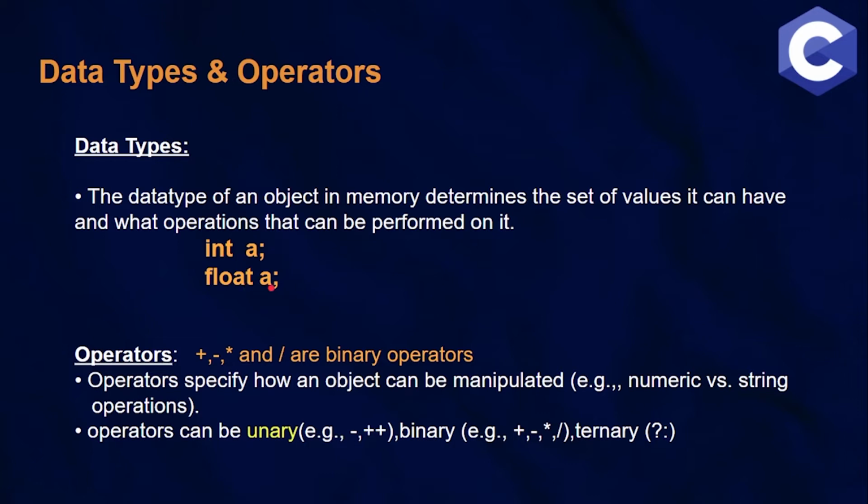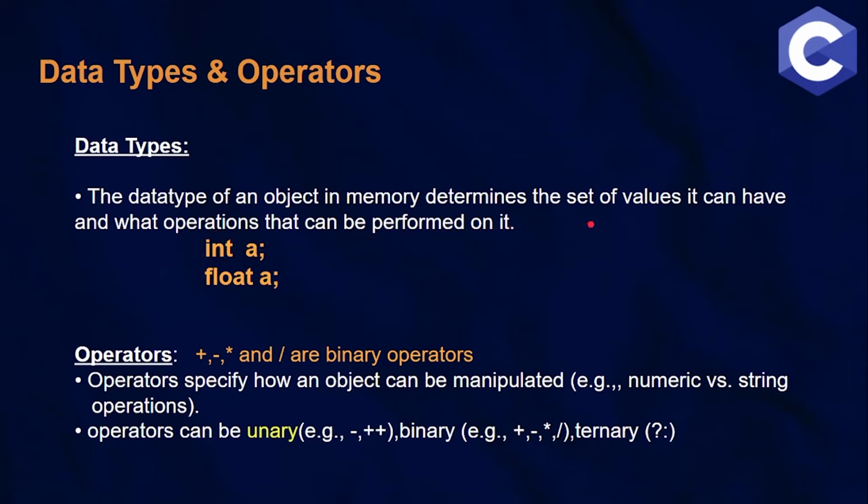If a is declared as float, then it will have a larger set of values compared with the integer set of values. If a is declared as double, then it will have an even larger set of values. Based on the data type you declare, the set of values may vary.